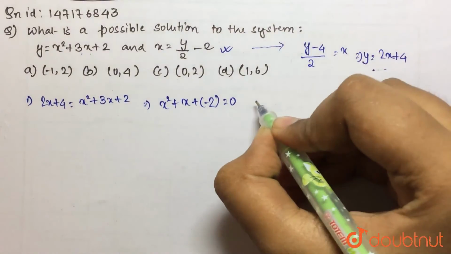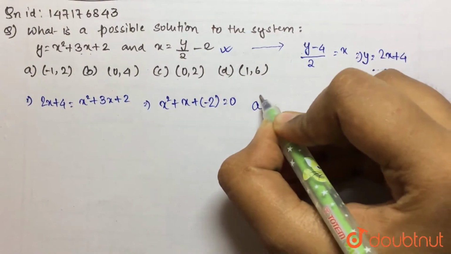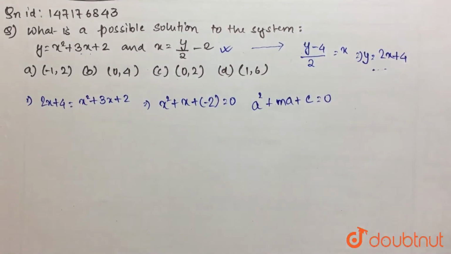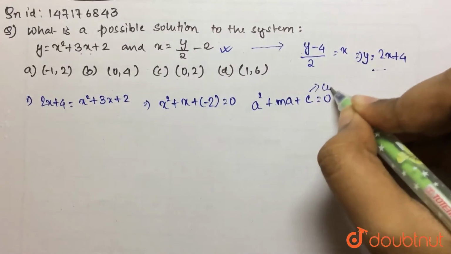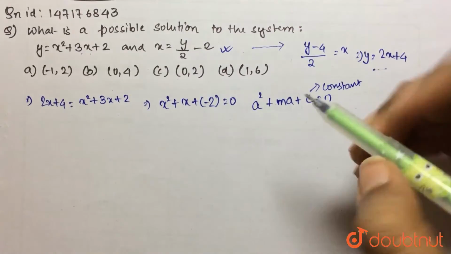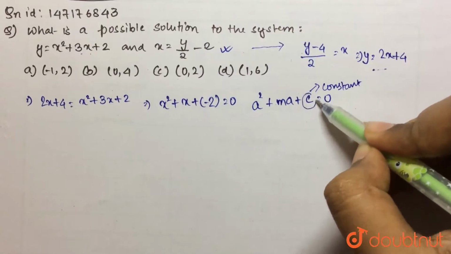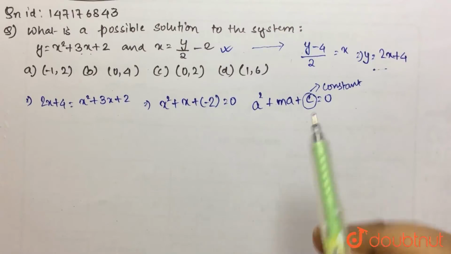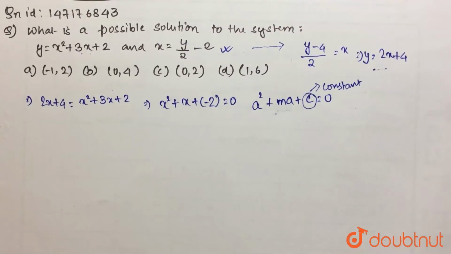Now you know the most basic form of a quadratic equation is, say, a square plus ma plus c equals 0, where c is a constant, okay, and m is the coefficient of the variable a. It is a numeric value, right? So how do we solve this? We factorize or break this down into its multiples, and we will choose two such multiples that will help us split the middle term through addition or subtraction, right?